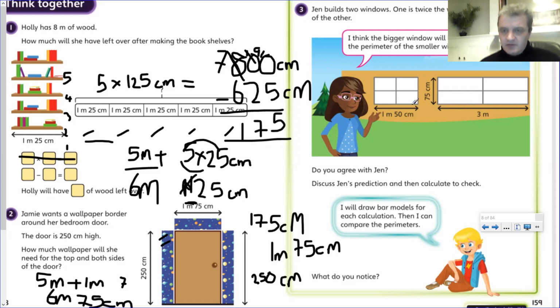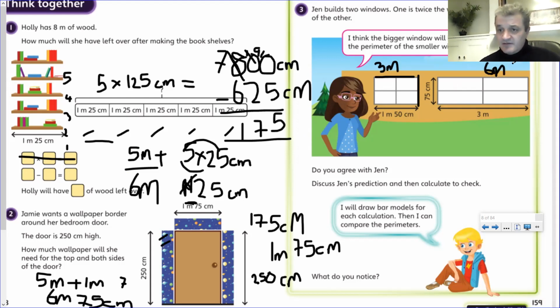So this would be 150, 150, that would be 3 meters. Two longer sides. This is going to be 6 meters. 3 meters, add 3 meters is 6 meters.